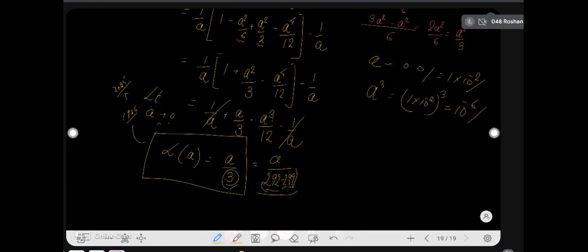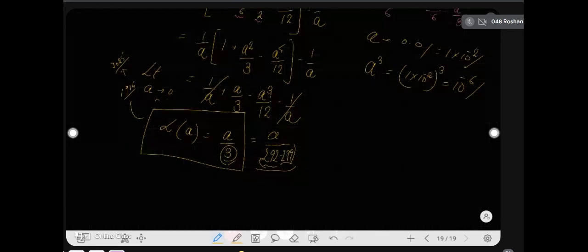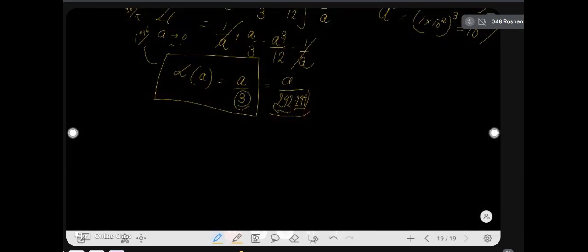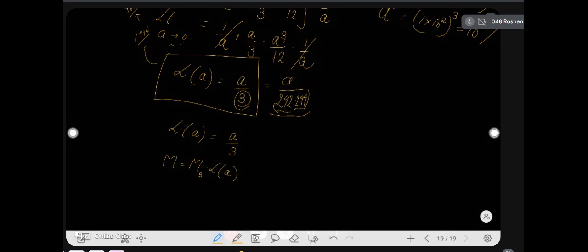So, going in continuation with the discussion, according to your syllabus, we will confine our discussion to L(a) equal to a by 3. If you remember, just run through a number of pages, you will see that we have the expression of magnetization M equal to Ms, the saturation magnetization, multiplied by L(a).